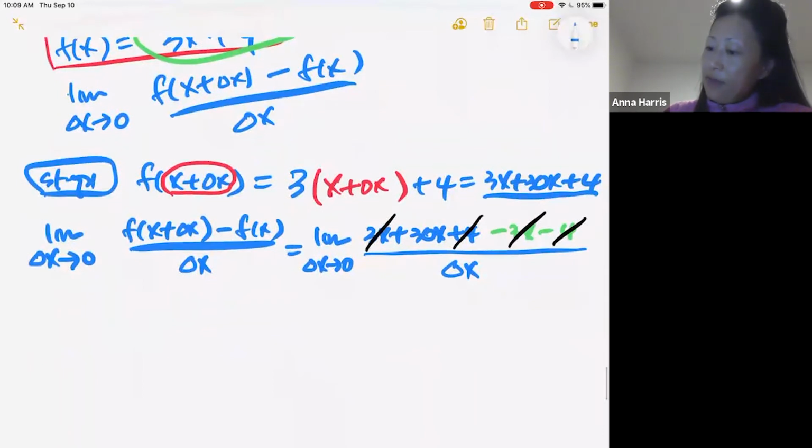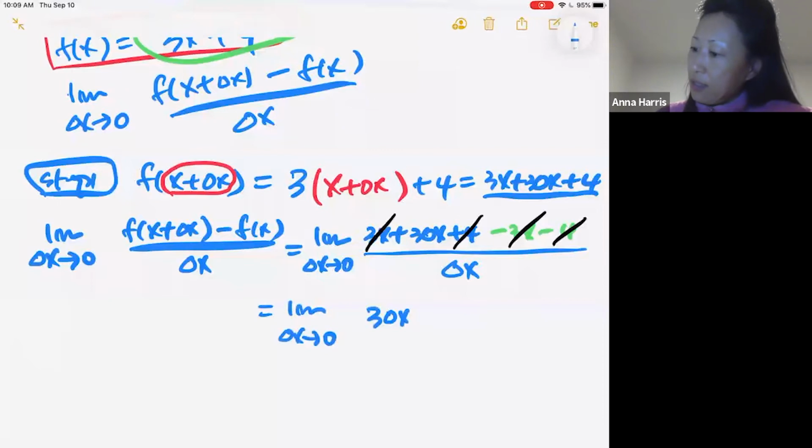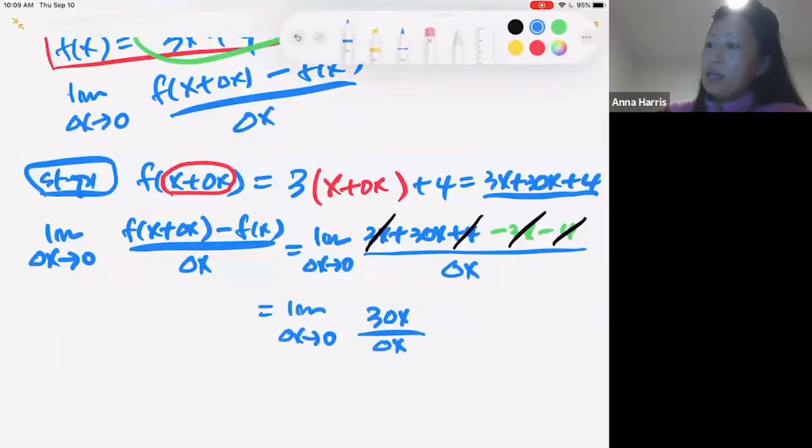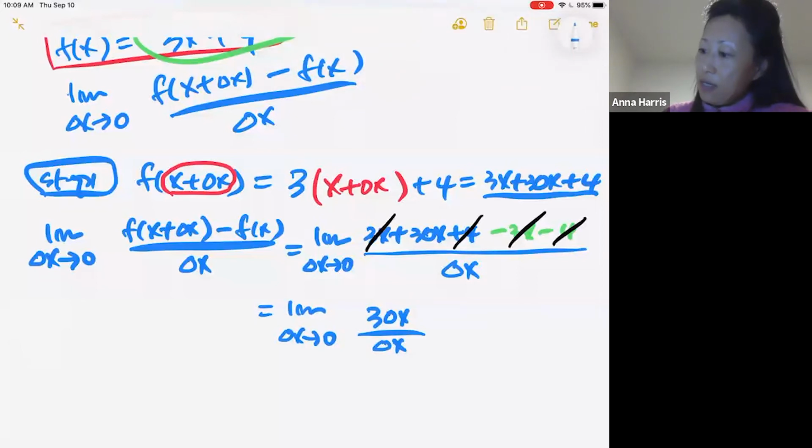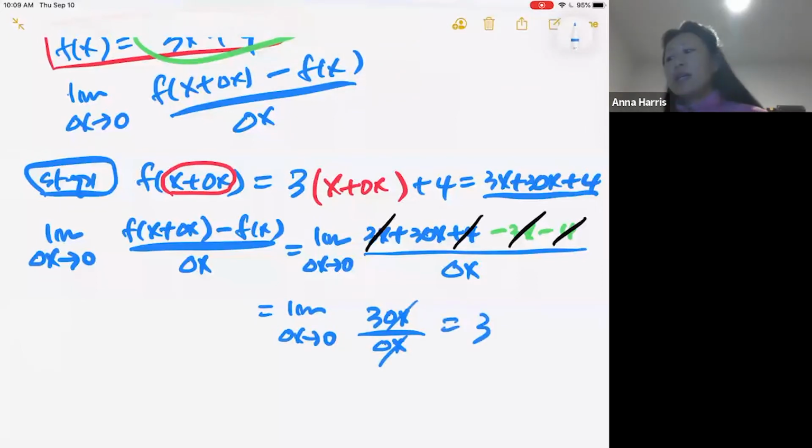Then we have the limit as delta x goes to 0. We have a 3 delta x, everything over delta x. And again, we can cancel out that and that, and we have just a 3.